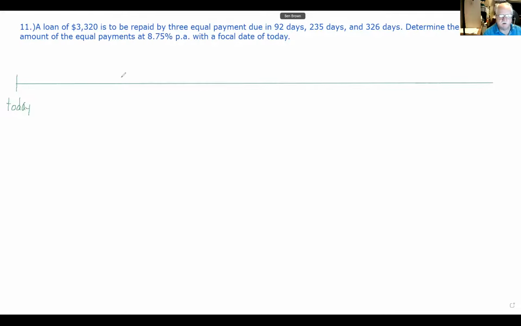And we're making a payment in 92 days, a payment in 235 days, and a payment in 326 days. The problem is they haven't told us what the payments are, but they have told us that they're equal. So we know that these 3 X's are the same value.